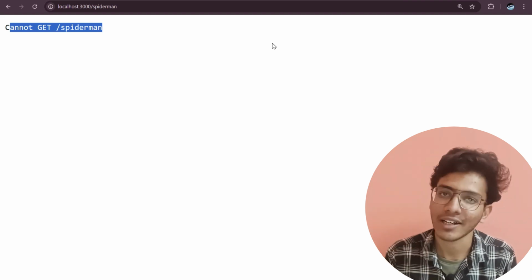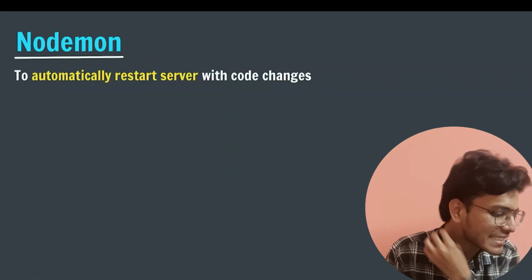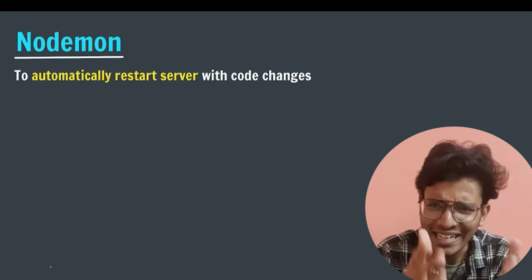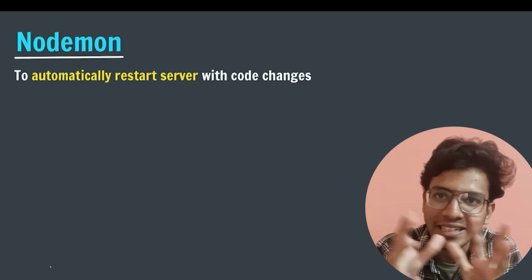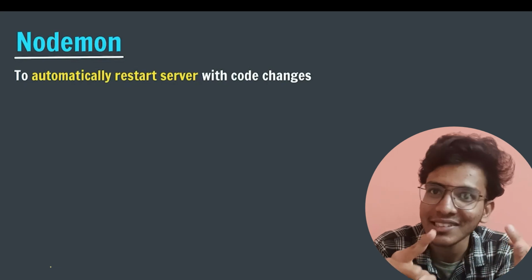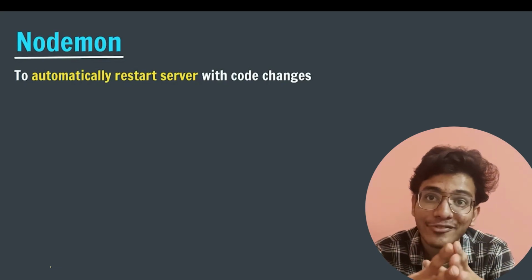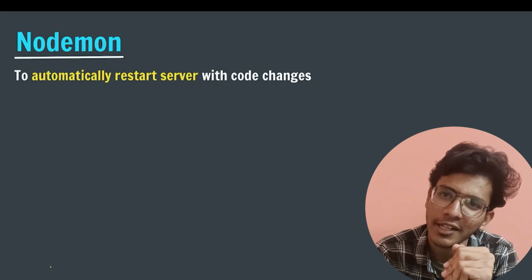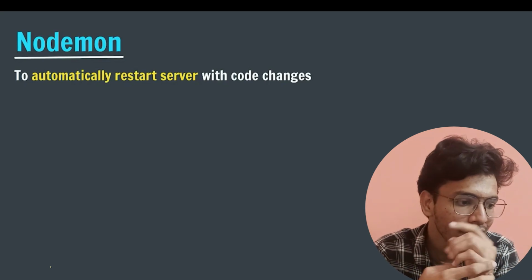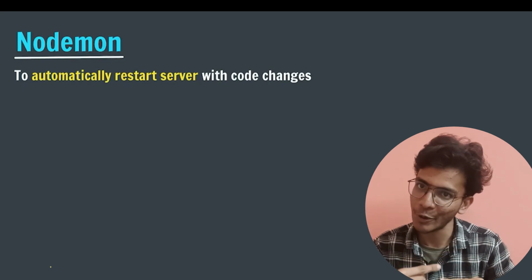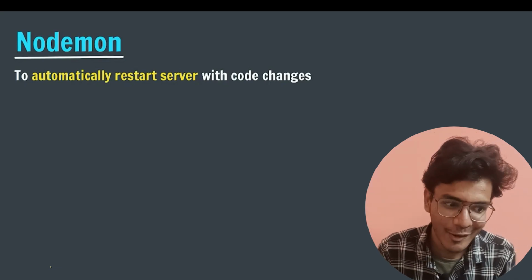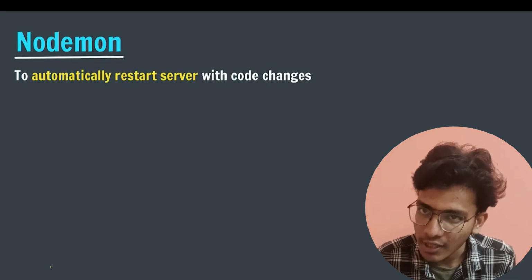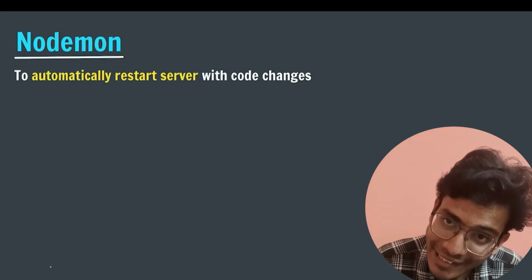Now the very next interesting thing we're gonna talk about is Nodemon. So till now we have understood how Express works, how we can extract the functions in Express. Okay, got it, Javed. But there is a problem here. The problem is whenever I make changes in my code, I need to restart my server again and again, right?